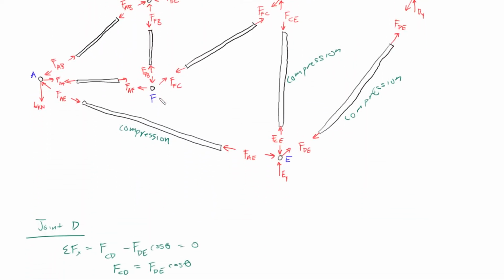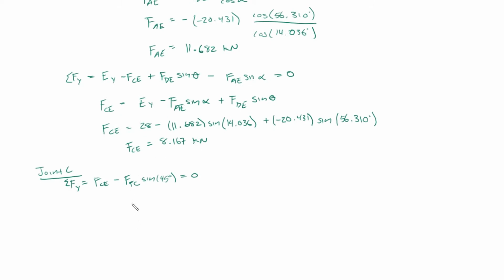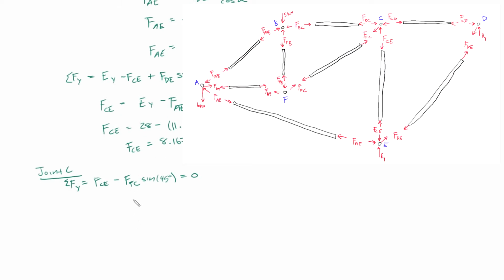So now that we know that, we can continue with the problem. So we could say that FFC is equal to FCE over the sine of 45, and that equals 8.167 over the sine of 45 degrees, and that is 11.550 kilonewtons.